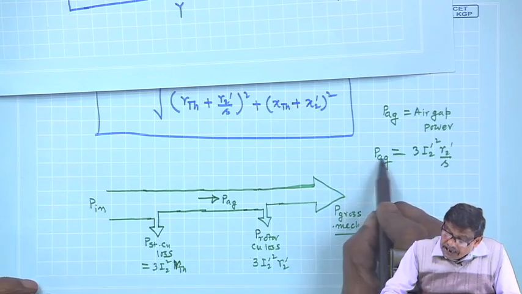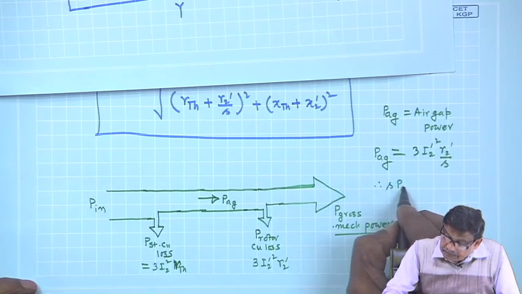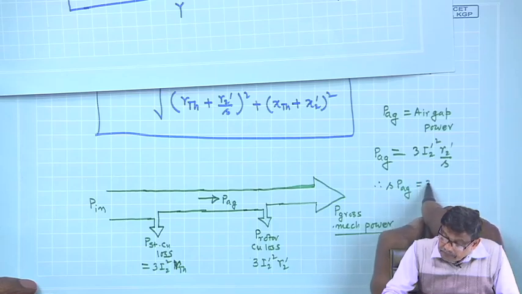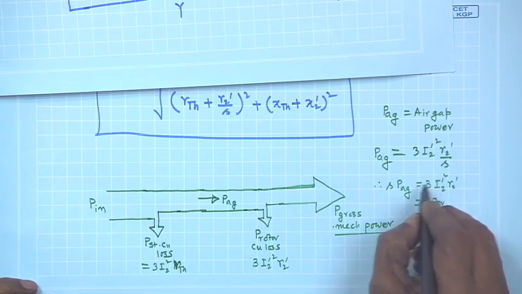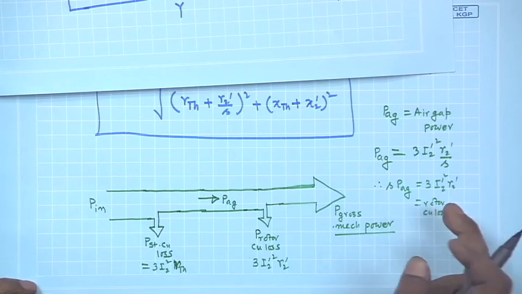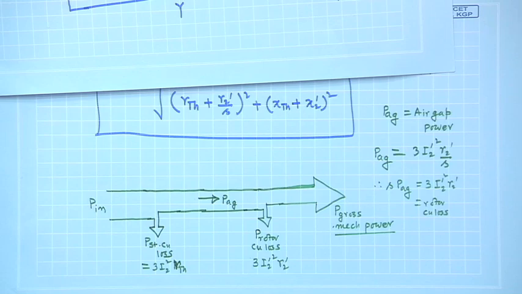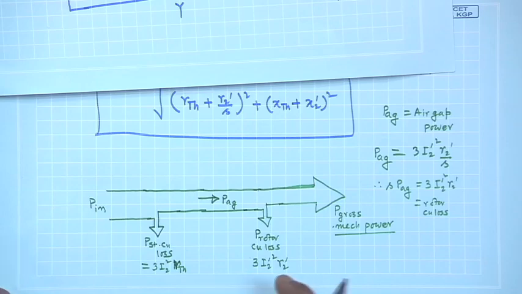Now, look, PAG is this. So, S into PAG is 3 I 2 dash squared R 2 dash, the rotor copper loss in all the three phases, which will be same as 3 I 2 square R 2 in the secondary terms, but we will always draw the equivalent circuit referred to the stator.